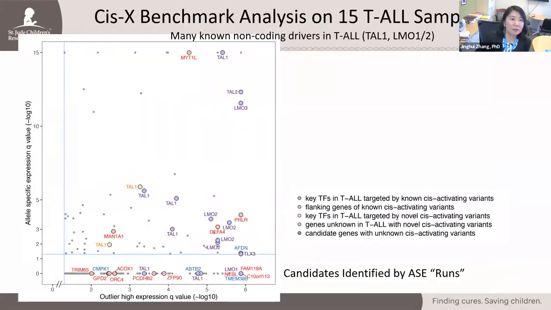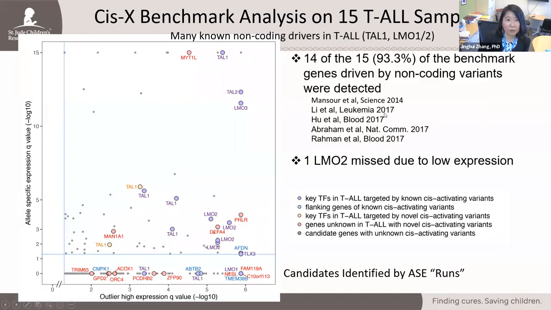So we performed a benchmark analysis using T-lineage ALL samples because T-ALL has many of the known non-coding variants, which researchers have published over at least the last 5 years. Many studies publish these non-coding variants in this disease.